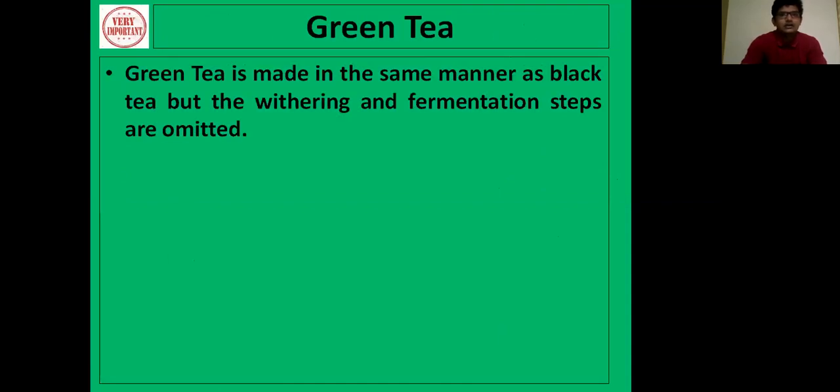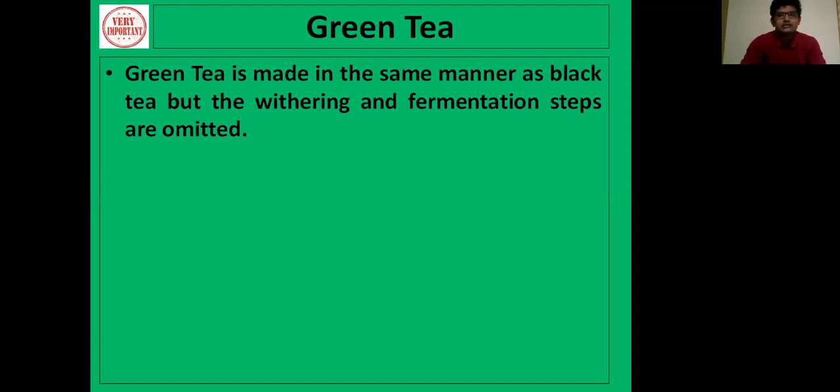Green tea is made in the same manner as black tea, but the withering and fermentation steps are omitted. Remember, in the preparation of black tea powder, when the Camellia sinensis leaves undergo the withering and fermentation steps, the color changes from green to copper black.